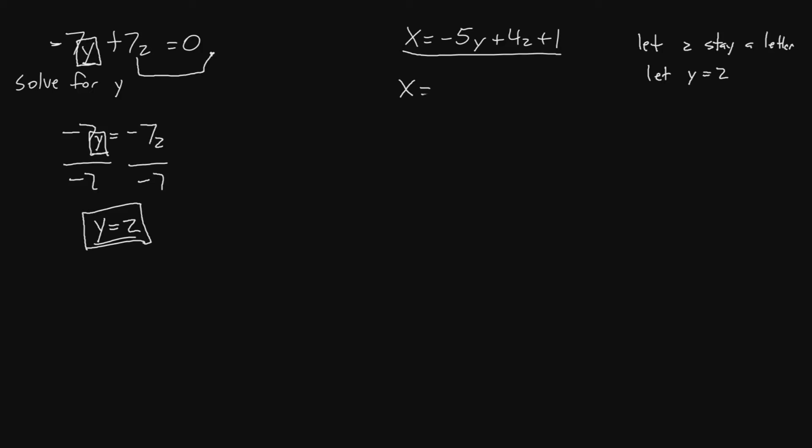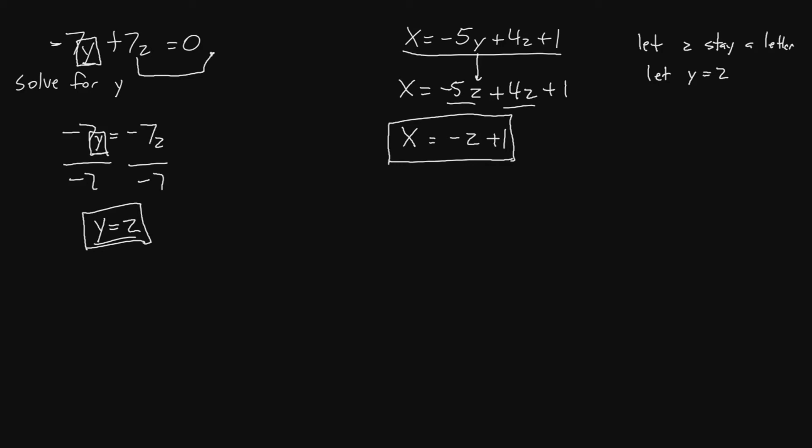So we'll say x equals negative 5, change the y to a z, plus 4z plus 1. If we combine our like terms, negative 5z and 4z make negative z plus 1. And that's as far as we can go with this. We can't make z into a number because we have infinitely many solutions.